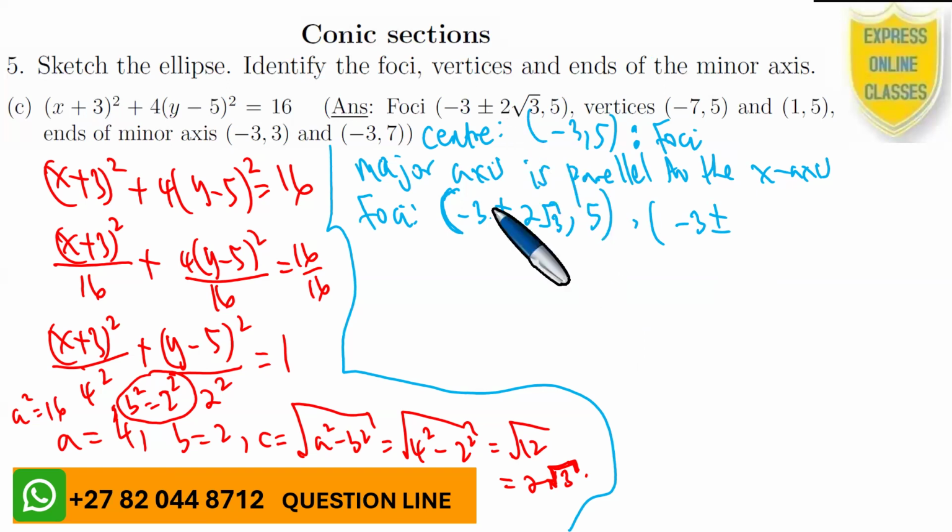What does foci mean? Well, foci means that at this point, if you draw your graph, you'd have the following.